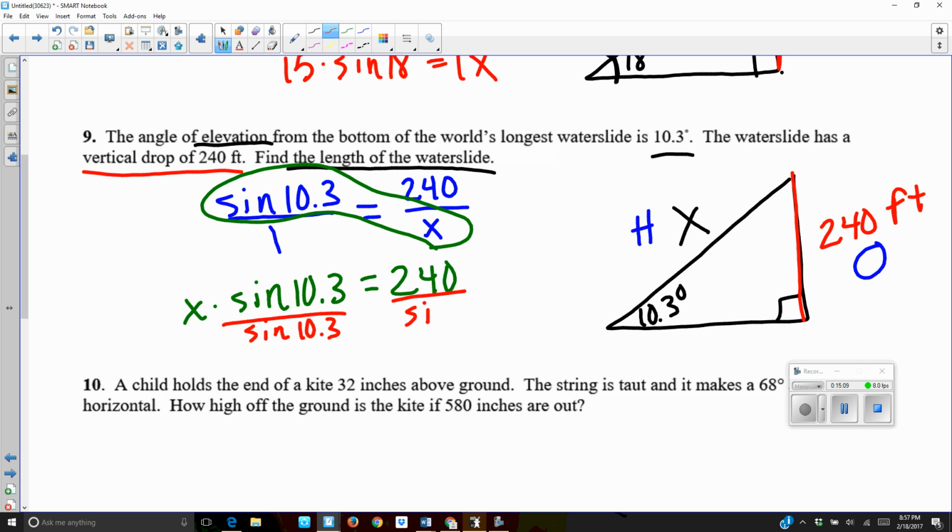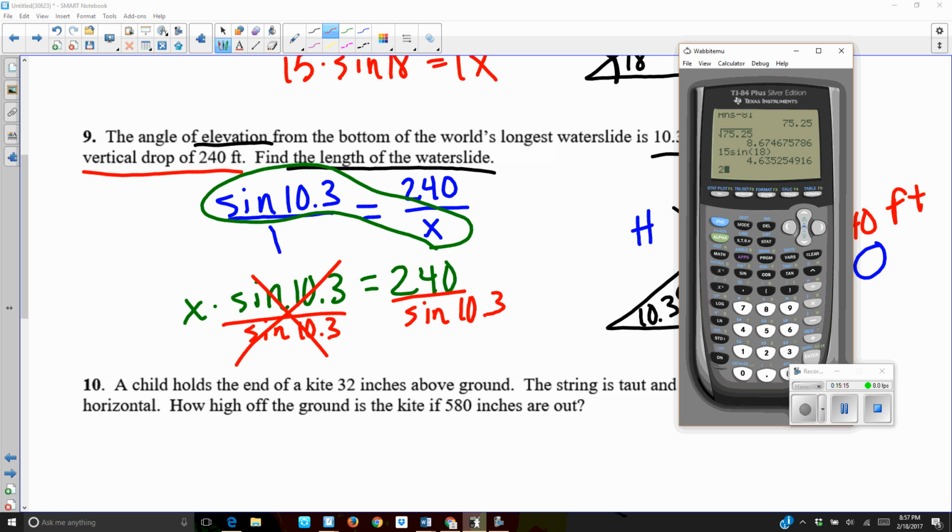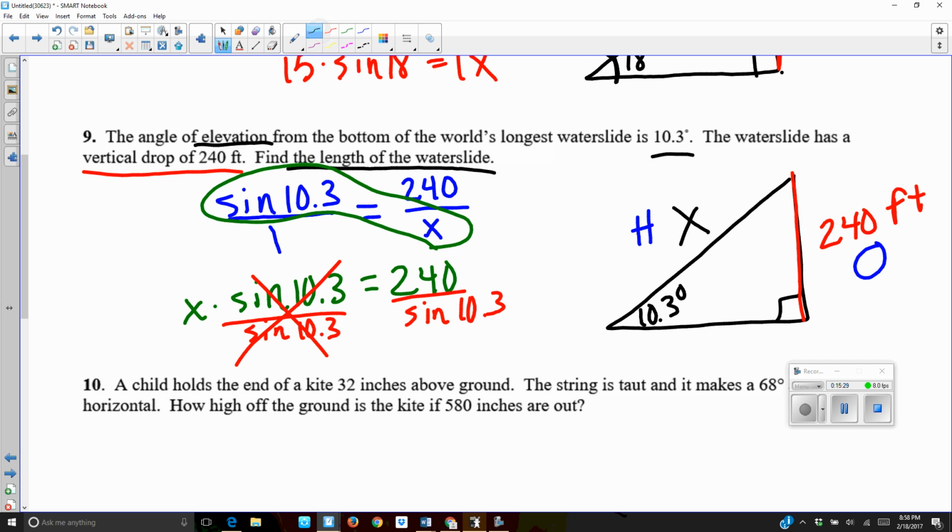Don't put this into your calculator until the very end. So the length of the world's longest water slide is 1,342 feet, rounded down to the nearest whole number.